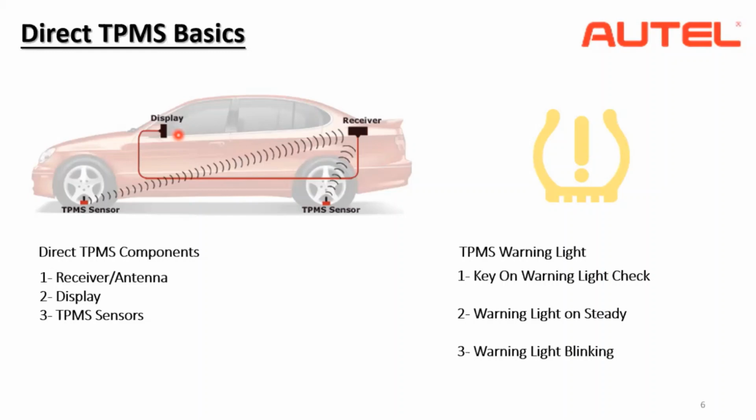Rather than just giving you a warning lamp, it gives you the exact tire pressure at each wheel location. Whereas in the low-line system, you only get a warning lamp on your display. Later on, you will have to figure out what the actual problem is, or which tire has lost pressure, by using an air pressure gauge.